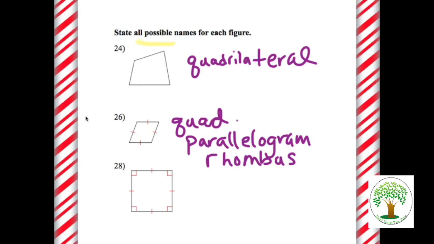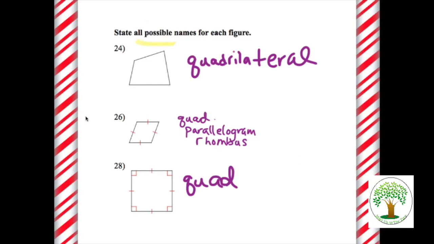Okay. All right. Number 8. Start at the top, because that's what you guys said you wanted to do. Is it a quadrilateral? Yes. Is it a parallelogram? Yes. What is it after that? Square. And rectangle. And rhombus.